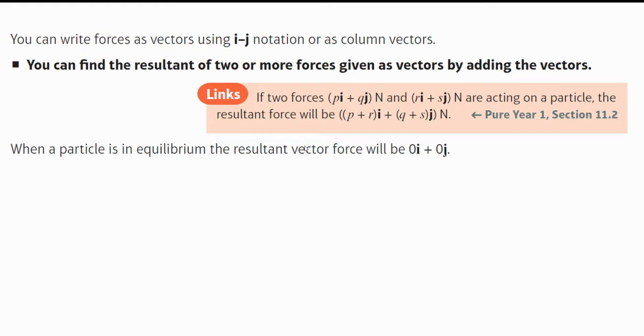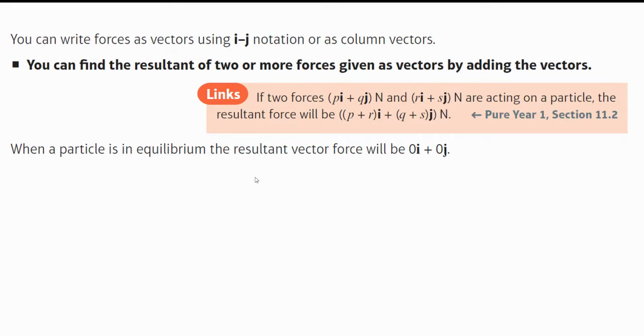And just like the previous exercise, you could just turn it into that sort of diagram and work out resultant forces that way, just by seeing how things resolve horizontally and vertically. So just comparing the I components and the J components. And if there's 0i and 0j, that means there's zero resultant and it's at rest, or it is moving at a constant velocity.